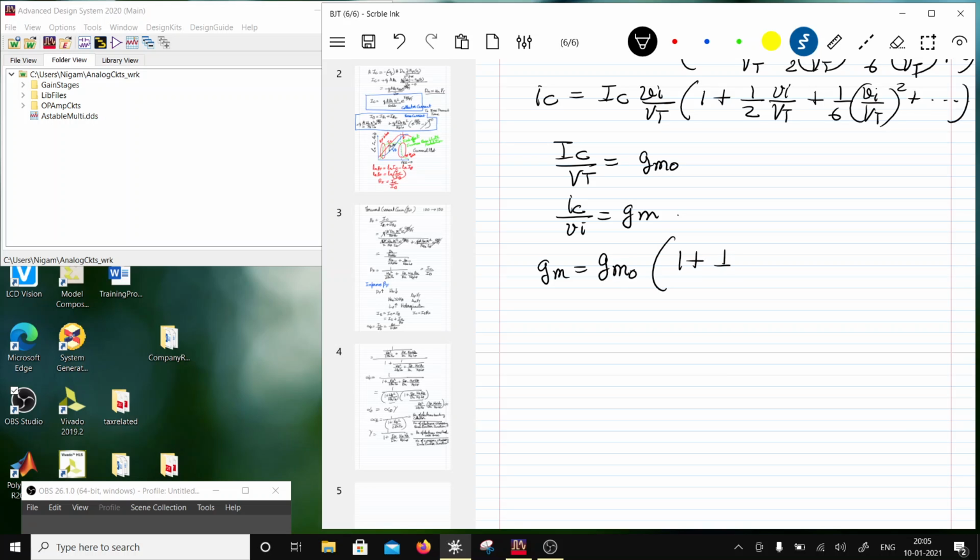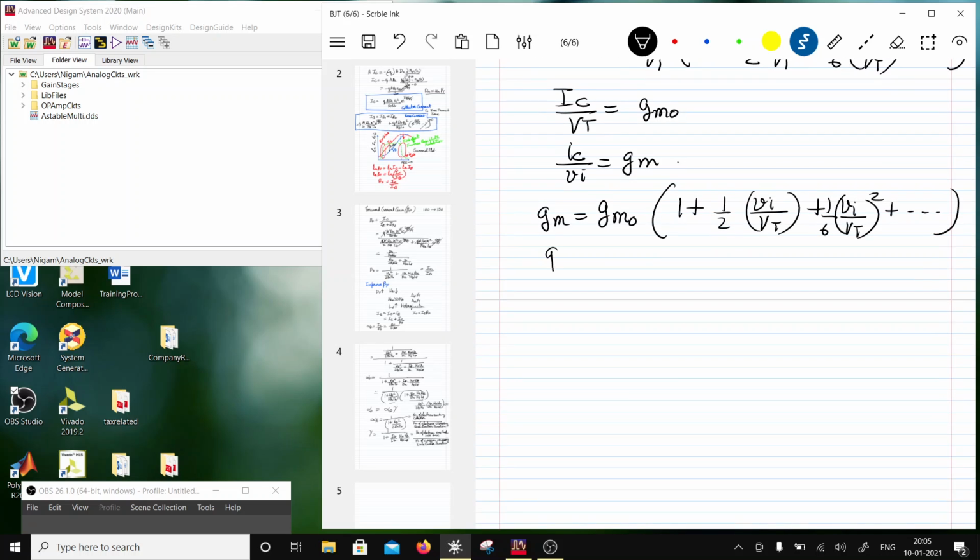1 plus half of VI by VT plus 1/6 of VI by VT square plus and so on, correct? Now this GM would be approximately equal to GMO when VI is much smaller than VT, and this VT is basically KBT over Q, where T is temperature in Kelvin, KB is the Boltzmann constant and Q is the charge on an electron.